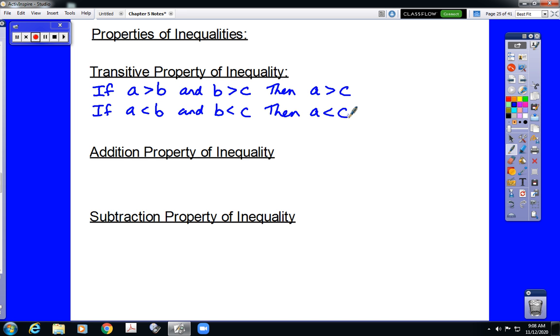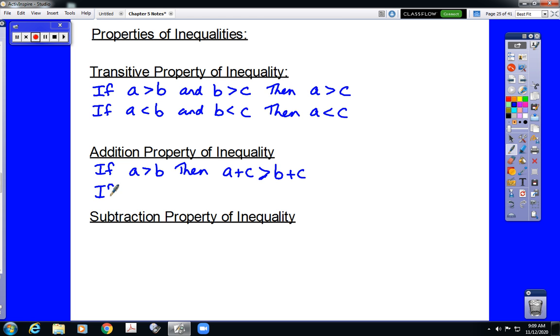The addition property of equalities stated that we were allowed to add whatever we wanted to both sides of an equation. As it turns out, that property also exists in inequalities. So if a is greater than b, then we can add whatever we want to both sides of that inequality, meaning that a plus c is greater than b plus c.